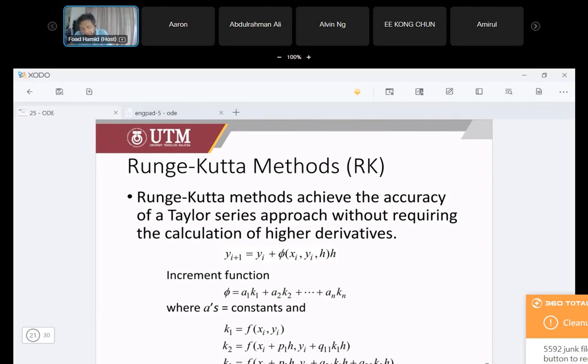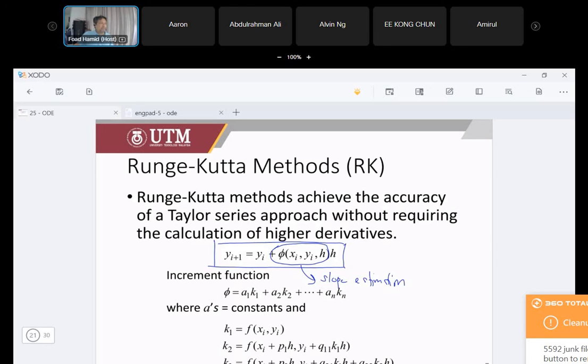Okay, note again, this is the equation that we use, except now this is our slope estimation. Because there's nothing more we can do with our h, right? We make h smaller, but there is nothing else that we can do. So the only way to go now is to improve our slope estimation.